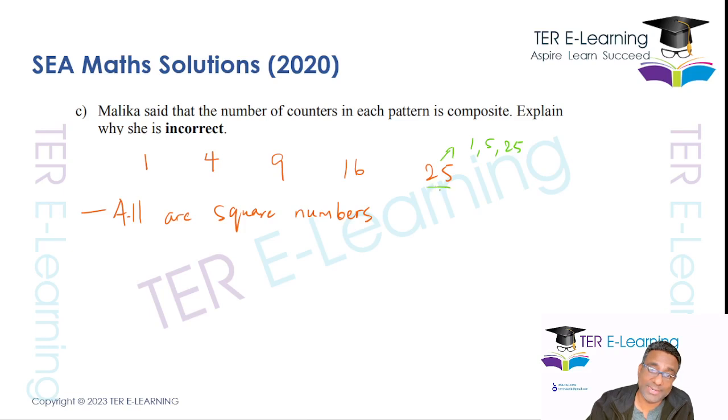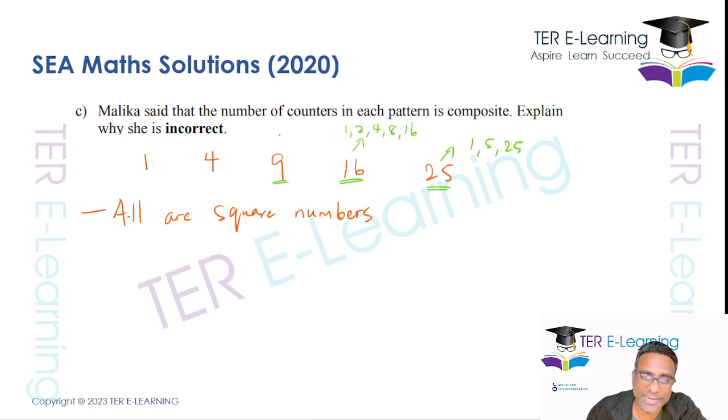So therefore, this is a composite number. For 16, 1 can go into it, 2 can go into it, 4 can go into it, 8 can go into it as well, and 16 can go into it. So therefore, this is definitely a composite number. So you need to have at least one factor besides 1 and itself.